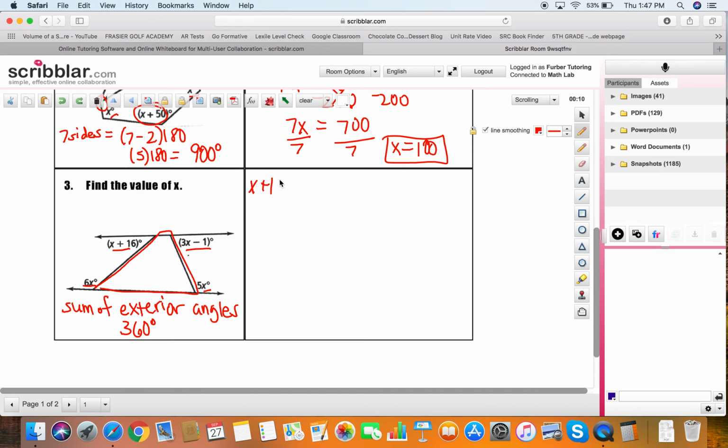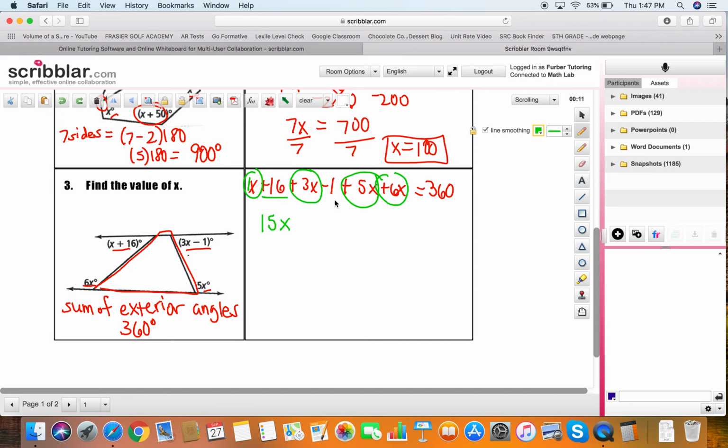So x plus 16 plus 3x minus 1 plus 5x plus 6x equals 360 degrees. And then I just combine my like terms. So this is 1x, 3x, 5x, and 6x. 6 and 5 is 11. 11 and 3 is 14. 14 and 1 is 15x.